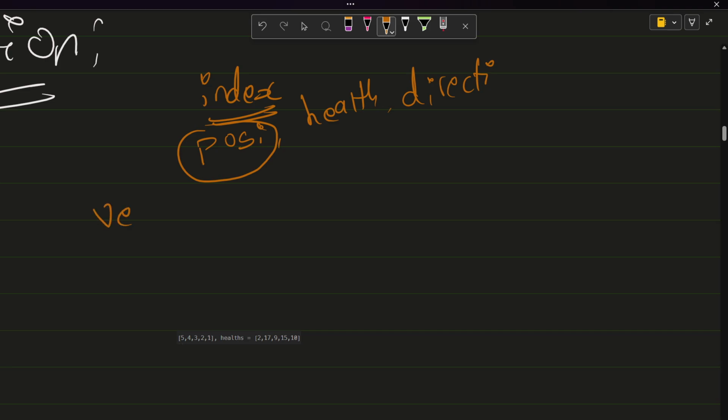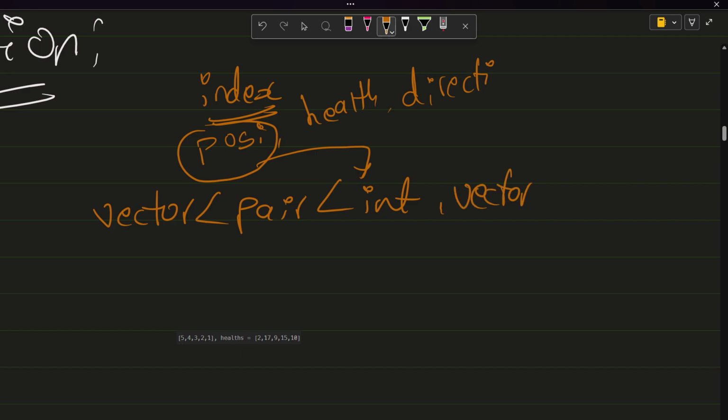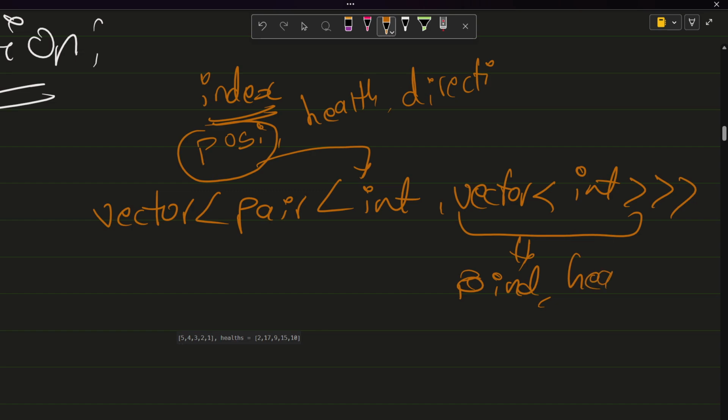One is that you take a vector of pair, where the first one is an int, that is the position, and the other is a vector of size 3, where you will be storing its index, its health, and its direction.